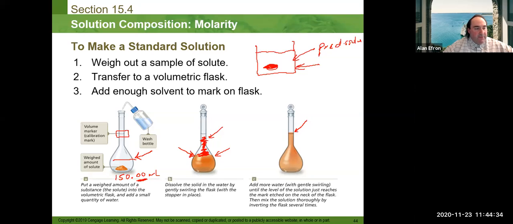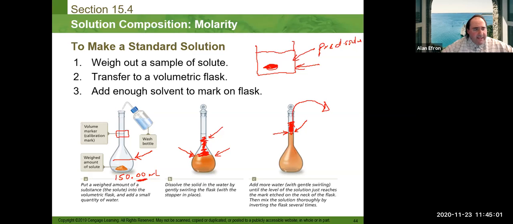Like what we saw in the video, she was very careful to keep it right at the line. The important part is, a lot of times when people use this, it happens a lot: they're trying to get to the line, and all of a sudden they find themselves way up here, and they go, oh shoot, I went over the line a little bit. No problem, I'll just take some of that solution and pour it off and get myself back down to the line.